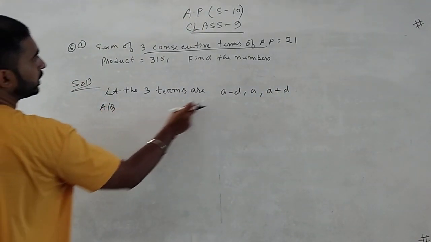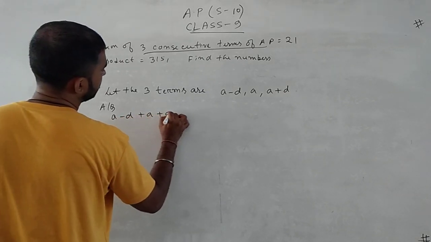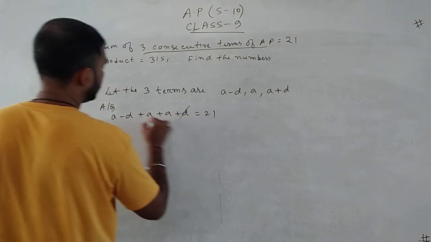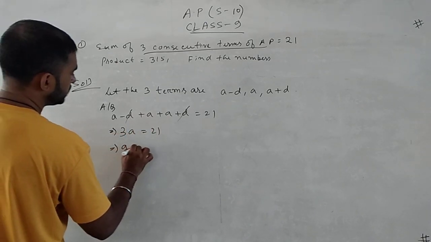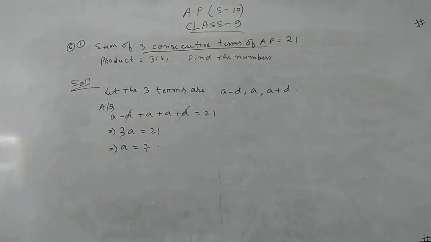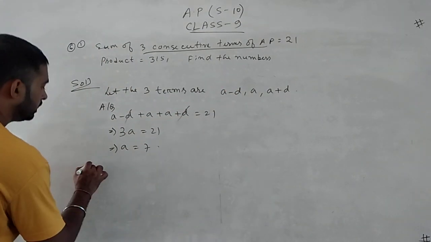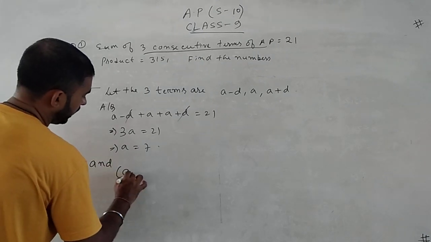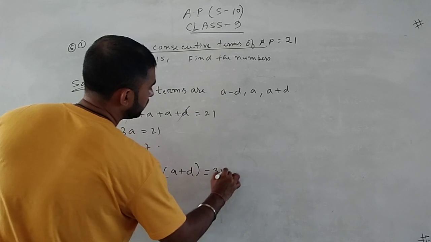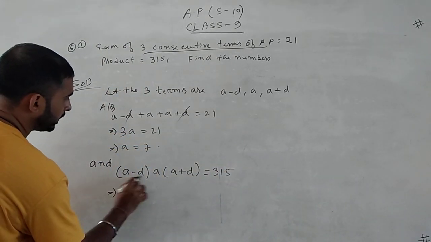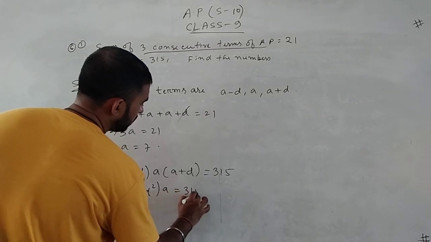Now according to the question, the sum is 21. d cancels, so thrice a equal 21, so a equal to 7. Next, their product: a minus d into a, into a plus d equal 315. That is a minus d into a plus d, a square minus d square, into a equal 315.